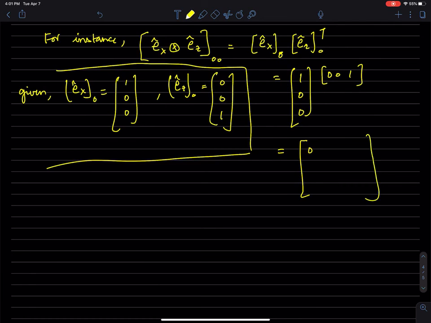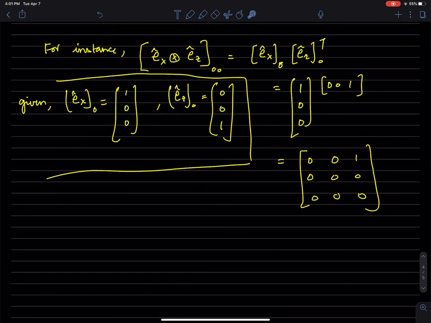We're going to get a whole bunch of zeros, except in the XZ location. So you're going to get basically 0, 0, 1. Then everything else is 0. Okay, it's just the XZ term that is non-zero, and that's basically this dyad.